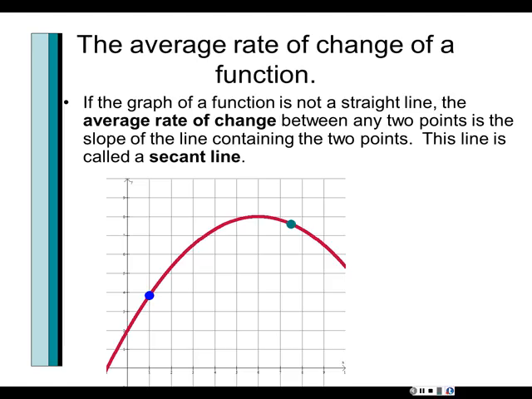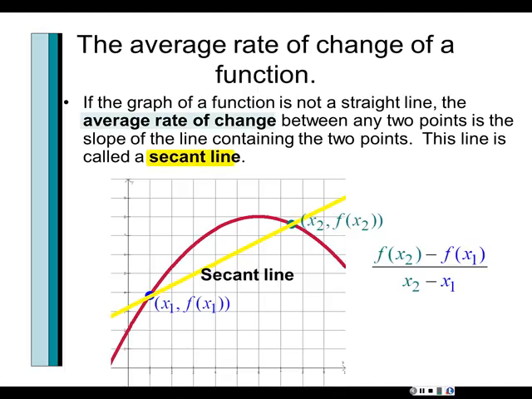So since we have 2 points, first of all we can draw a line, right? We have drawn a line. Look at the yellow line, that is the line. Once we have the drawn line, this line is called the secant line, and once we have that line, we can just find the slope of that line. As long as we have a line, we can find the slope. And since we know 2 points, and there is still x and y, because y is written as a function, but that's the same thing, right?